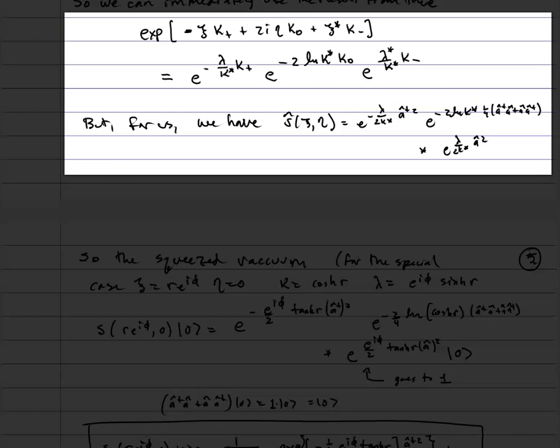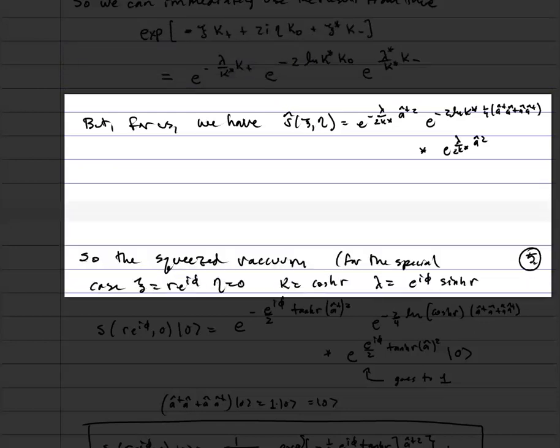Now, if we operate that on the vacuum state, because the a operator annihilates the state, e to the lambda over 2 kappa star a operator squared acting on the vacuum is just replaced by 1. Furthermore, the vacuum state is an eigenstate of the number operator. So the operator a dagger a acting on the ground state is equal to 0.